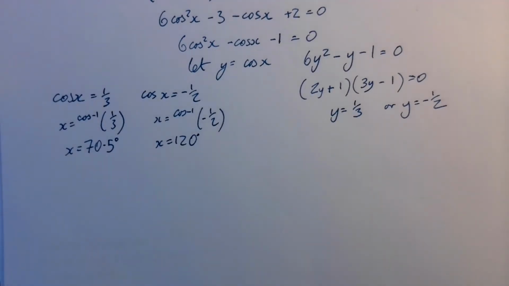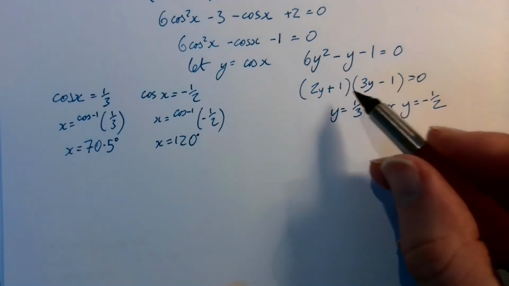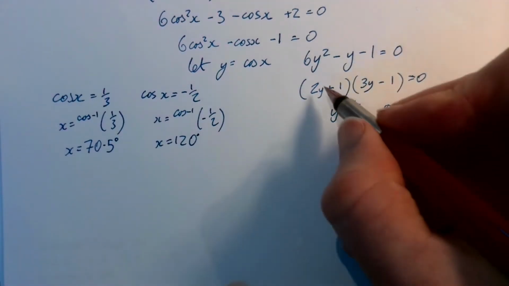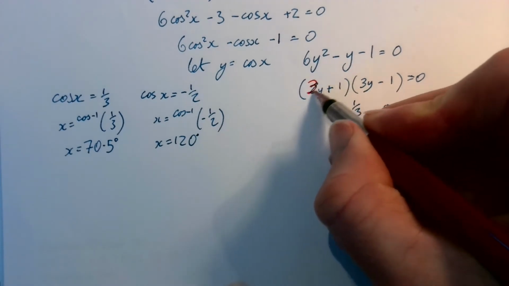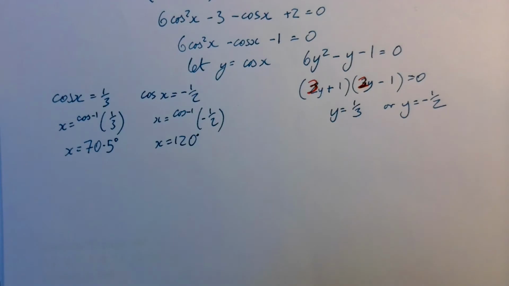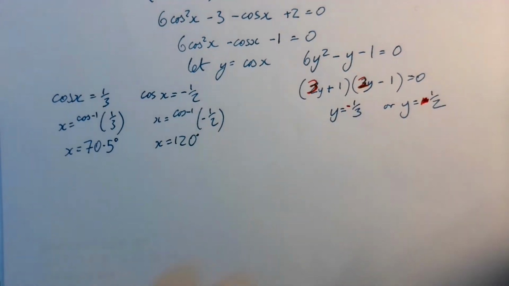Although before you do, I'm hoping some of you may have spotted a mistake. Just as I started to work this out, I realised that plus times, I need a negative, don't I? So I actually want the 3y times the negative. So this one should be 3, this one should be 2, which just means I'm going to have -1/3 or +1/2.